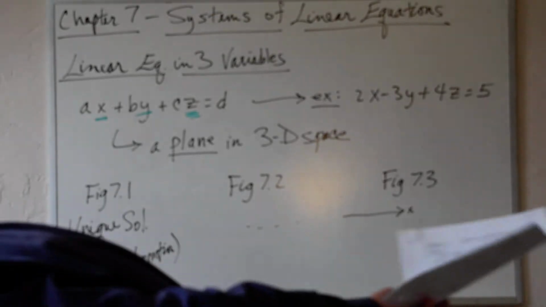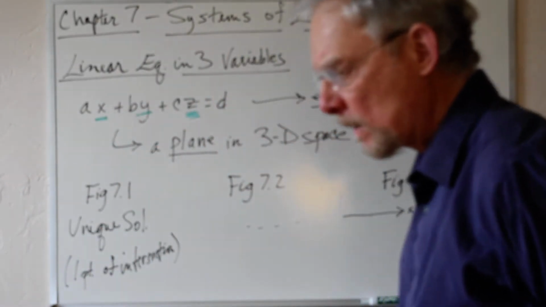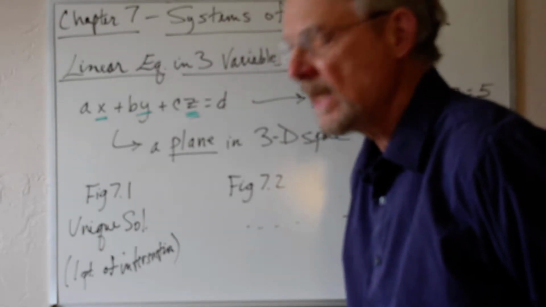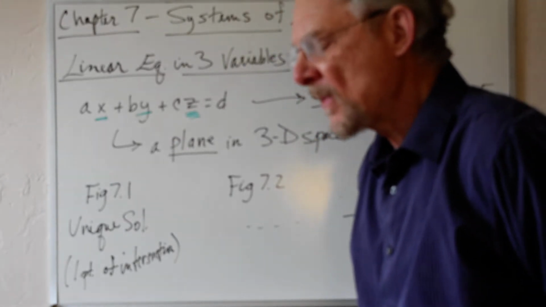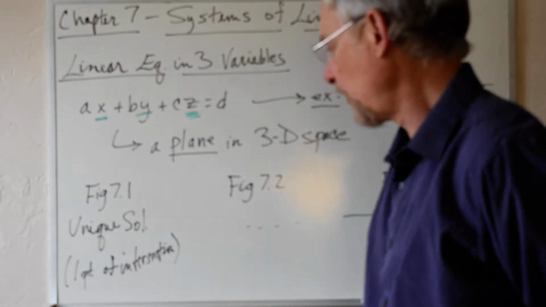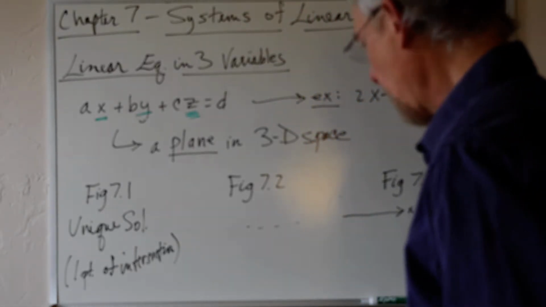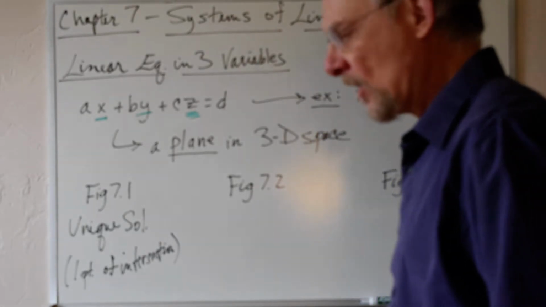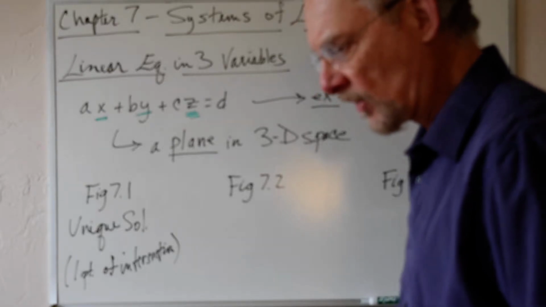Now in figure 7.2, you see that the first 2 planes, whichever 2 you pick, intersect in a line, but then the 3rd plane goes right through that line of intersection. So there you're not going to have a unique solution.